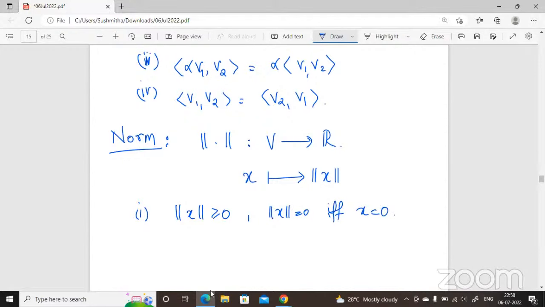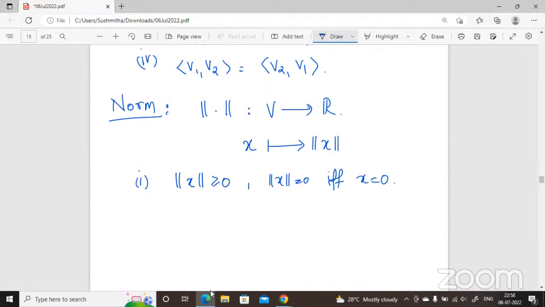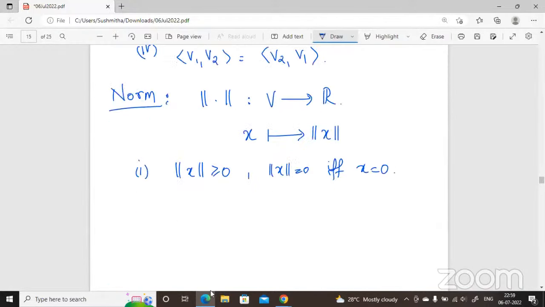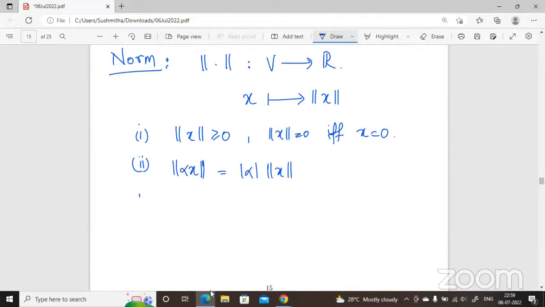All these concepts generalize. The inner product generalizes the dot product. The norm generalizes the length of a vector. So the length is always non-negative. Length is 0 only if the vector is 0. When you scale a vector, its length is going to be mod alpha times the length of the original vector.